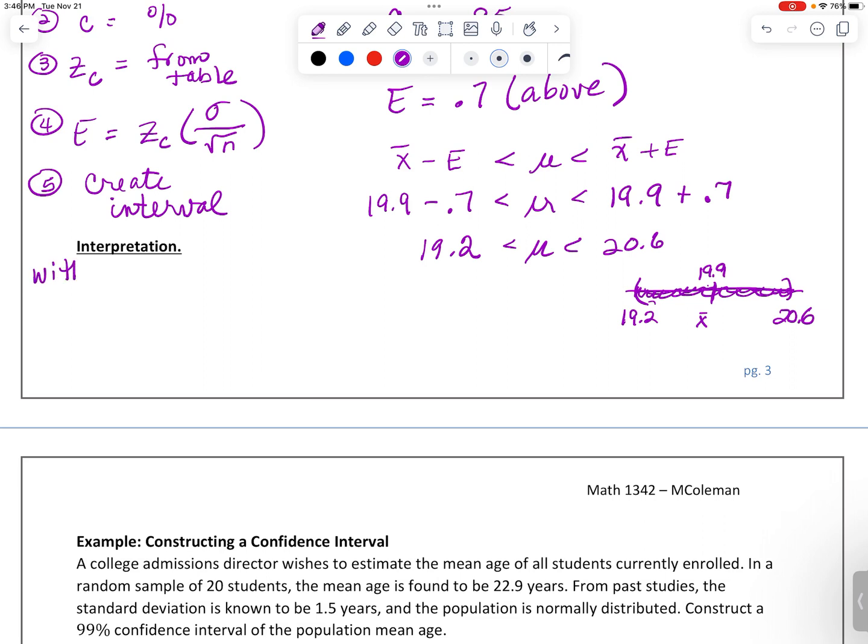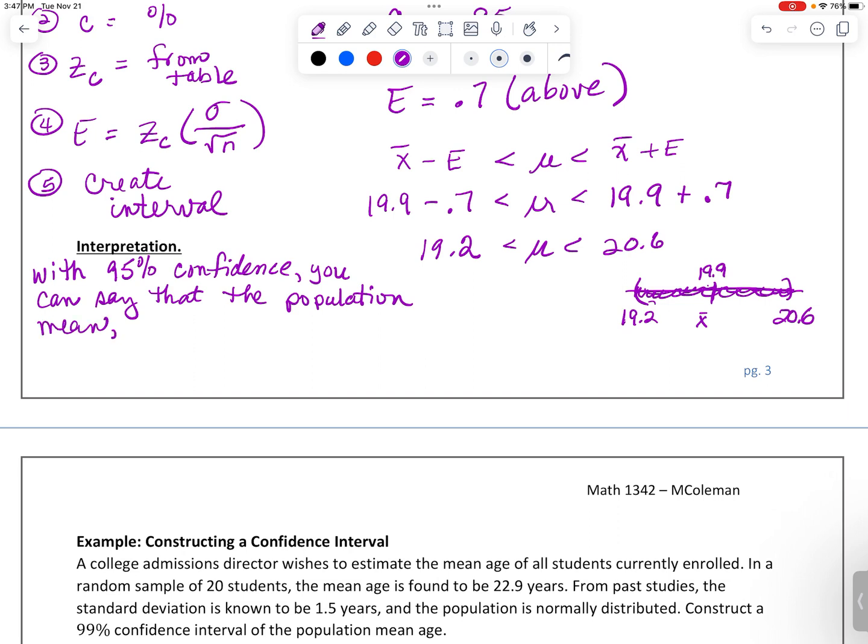It says, with 95% confidence, you can say that the population mean, which is your mu, number of hours, is between 19.2 and 20.6.